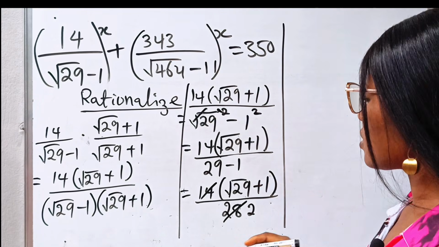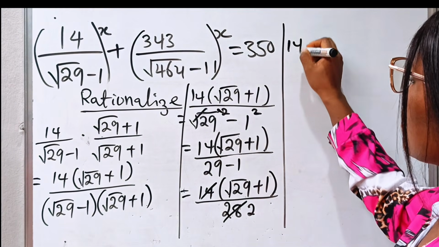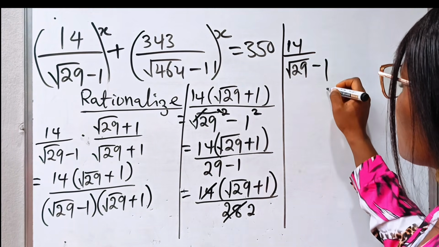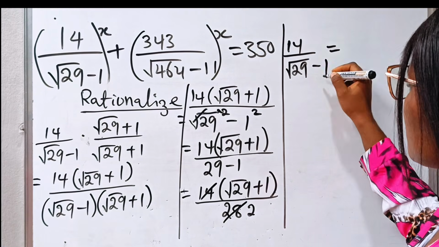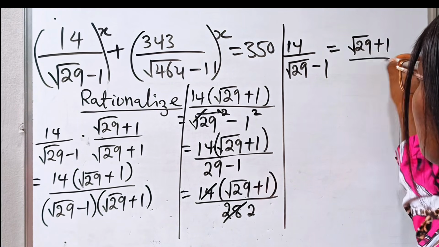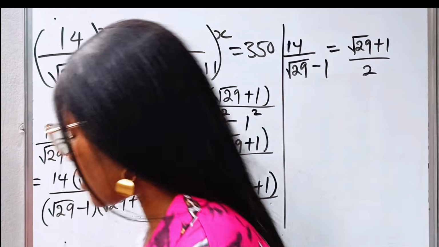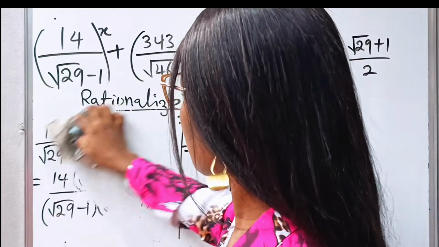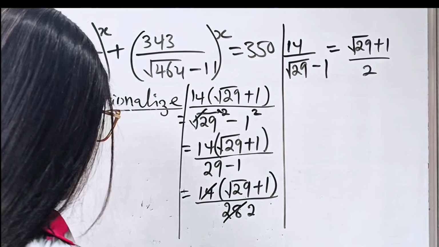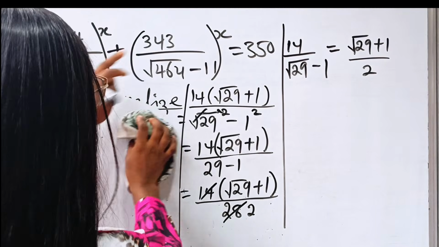So it simply means that this 14 over root 29 minus 1 is the same thing as root 29 plus 1 divided by 2. Okay, so we're going to keep that aside, and go ahead to rationalize the second one.